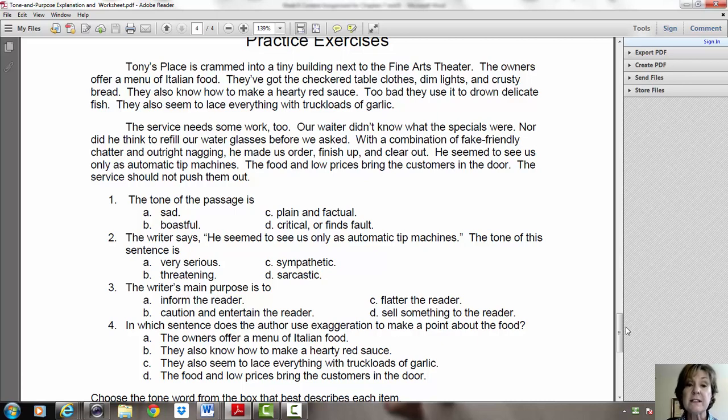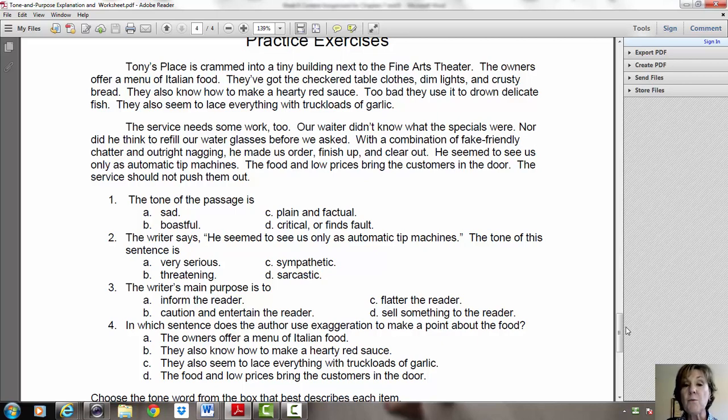The service needs some work too. Our waiter didn't know what the specials were, nor did he think to refill our water glasses before we asked. With a combination of fake friendly chatter and outright nagging, he made us order, finish up, and clear out. He seemed to see us only as an automatic tip machine.